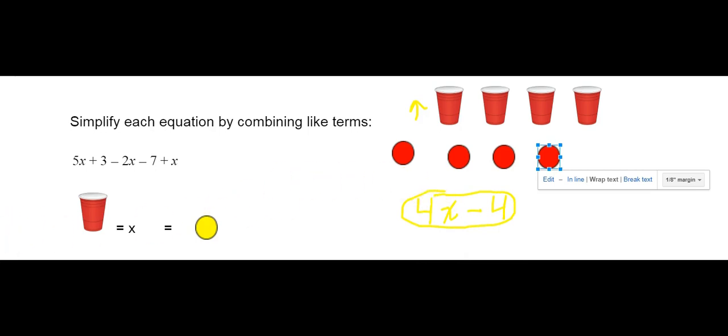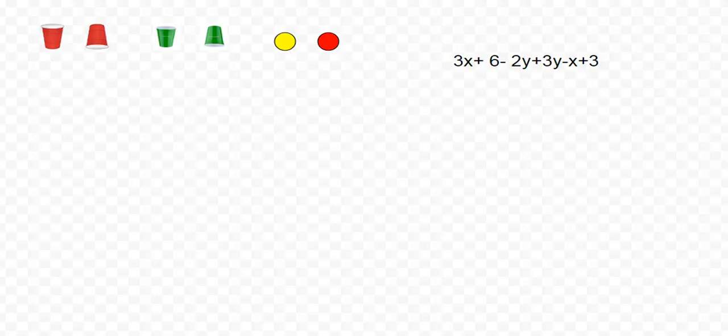Let's take a look at our next example. We have 3x plus x minus 2y plus 3y minus x plus 3. First thing we're going to do is determine what cups we're going to use for what variables.